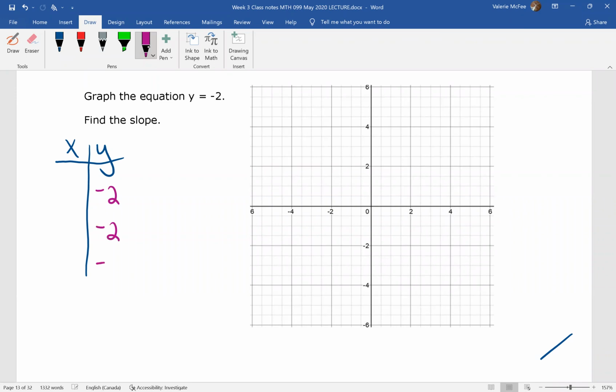Again, you may have remembered that the equation tells us that y is always -2, and x can be any real number.